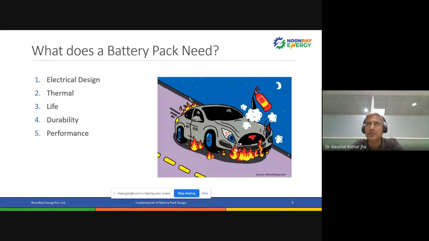Then the performance. One important aspect of a battery pack is that it has to be as small as possible and should give us as much energy as possible. Then only it can substitute petrol or diesel. For a petrol or diesel vehicle, or I can say an IC engine vehicle, the energy efficiency is around 20%.